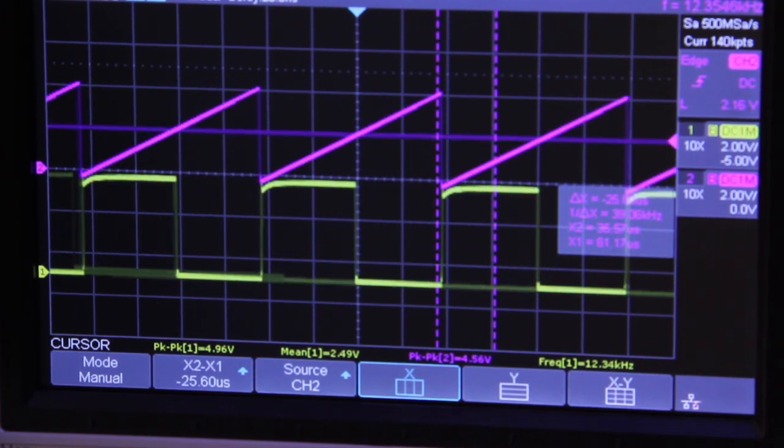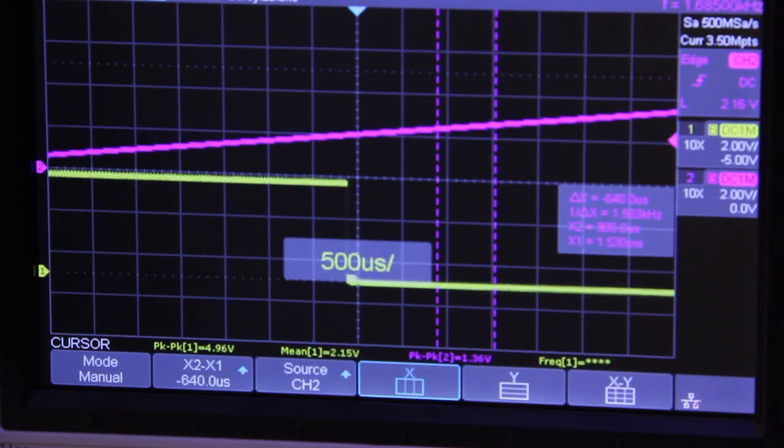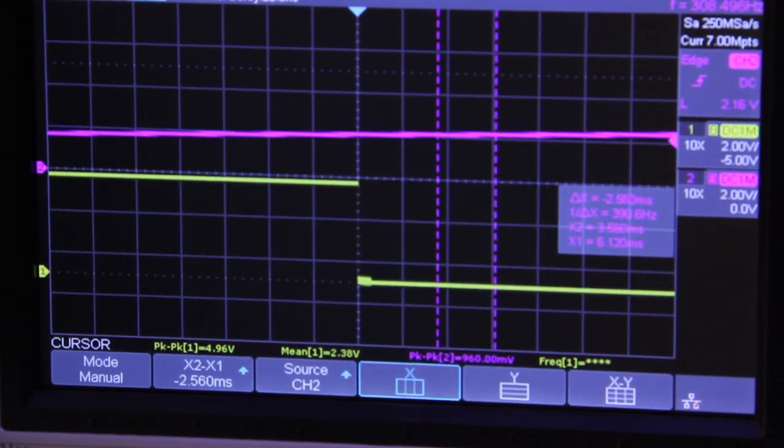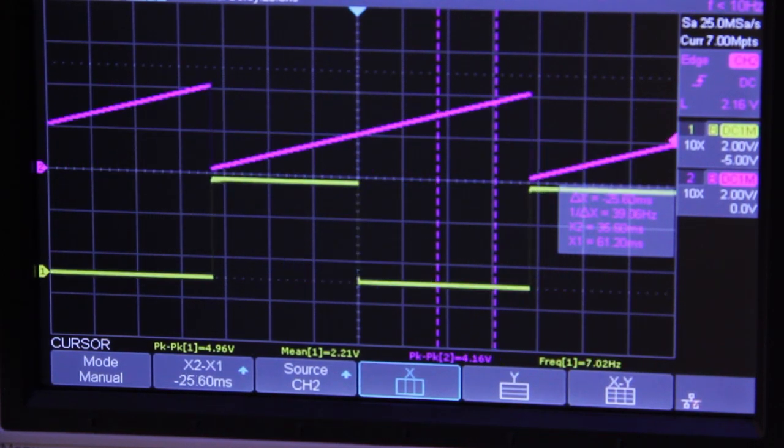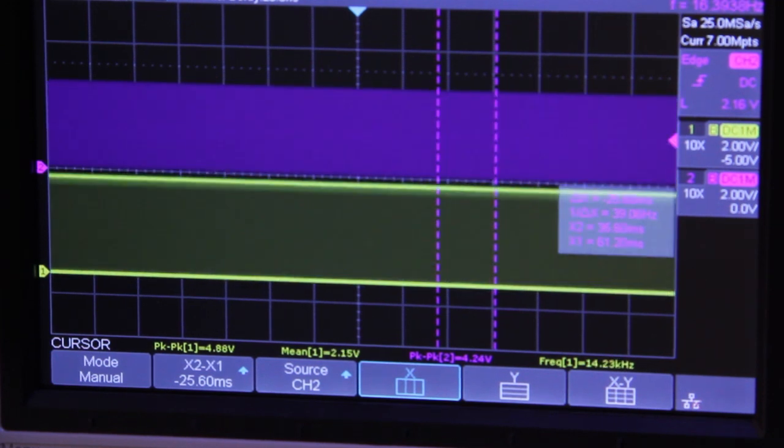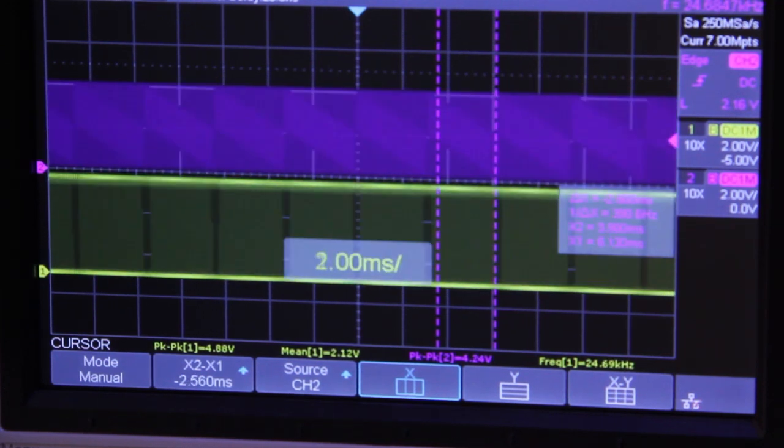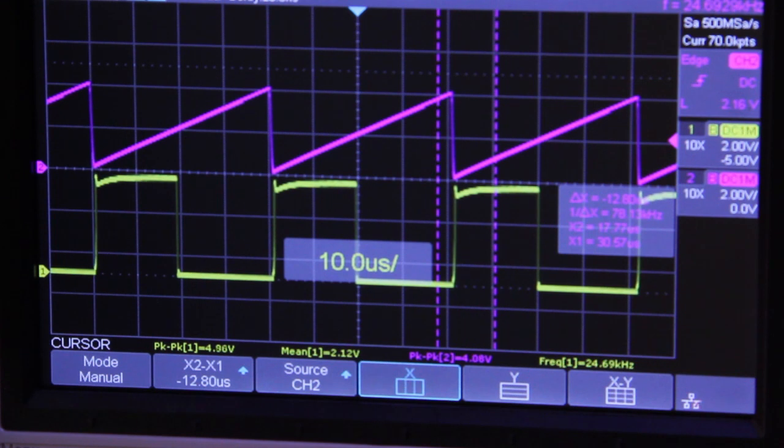Changing the range, we can see down to about 7 hertz, and the maximum frequency is 24.7 kilohertz.